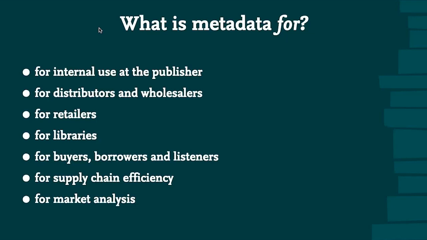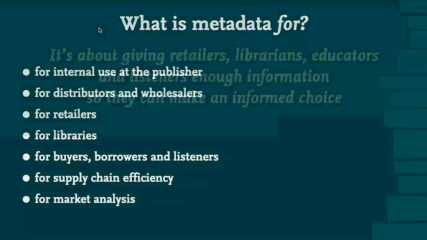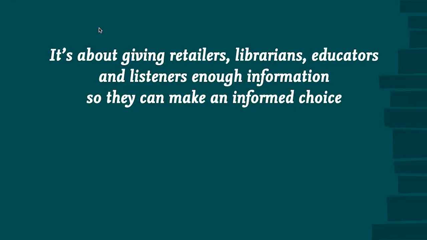So sometimes when you see a metadata field, or some of the fields I'm going to be talking about, you might say, that's not important to me, but it's going to be important to somebody. That's why it's part of a standard like Onyx. It's because it's important to somebody in the supply chain. So audiobook metadata is basically about giving retailers, librarians, educators, listeners enough information so they can make informed choices.